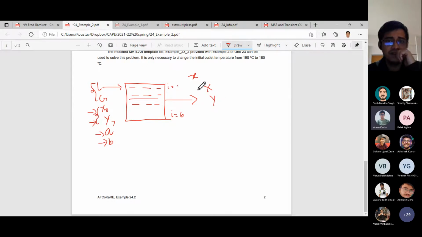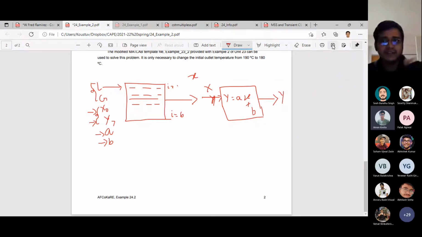And further, after calculating x, you can make another block to calculate the y, by just writing the equilibrium relation, that is y equals a x plus b, because here x will be your input, and a and b are already known, so you can calculate the y. So this is relatively easier than the other cases.